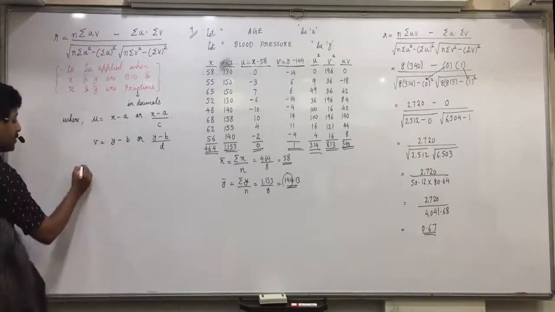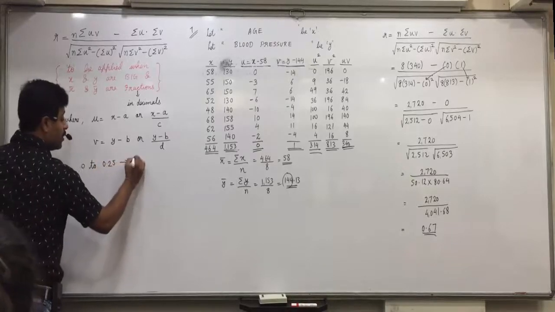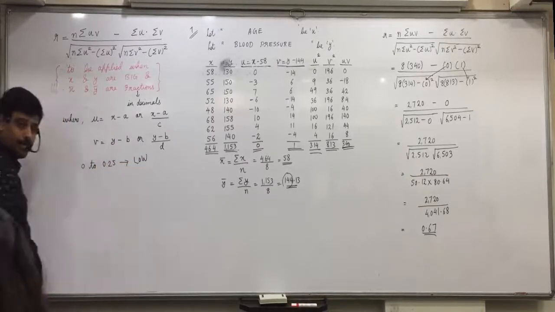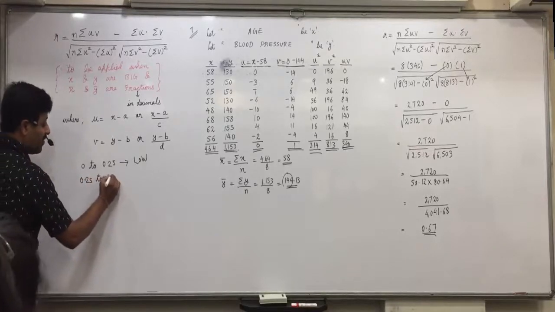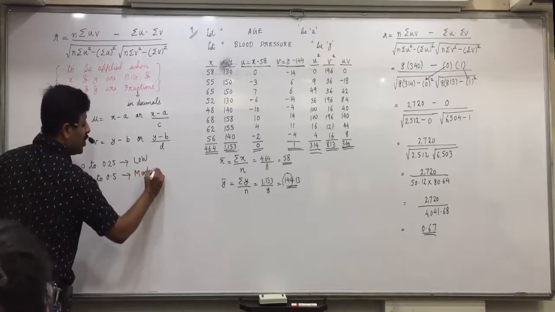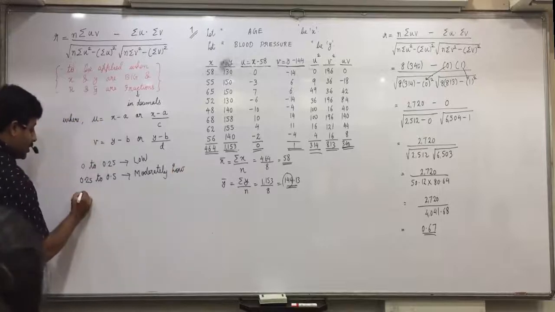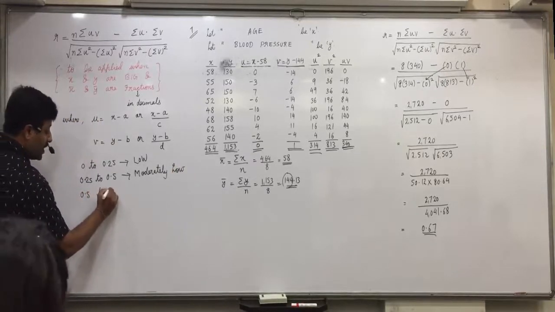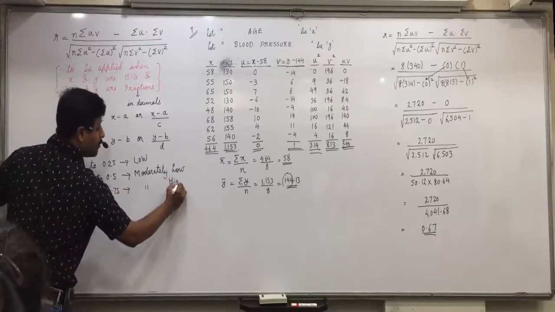Then if your answer comes between 0 to 0.25, then low degree. If it comes 0.25 to 0.5, moderately low. If it comes between 0.5 to 0.75, moderately high.